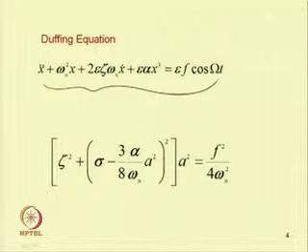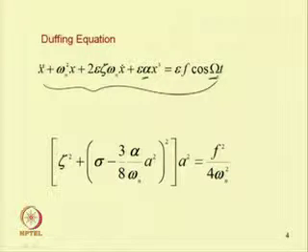Here x is the response amplitude, omega n is the natural frequency of the system, and zeta is the damping factor or damping ratio. Alpha is the coefficient of the cubic nonlinear term, epsilon is the bookkeeping parameter, f is the forcing amplitude, and capital omega is the forcing frequency of the system.